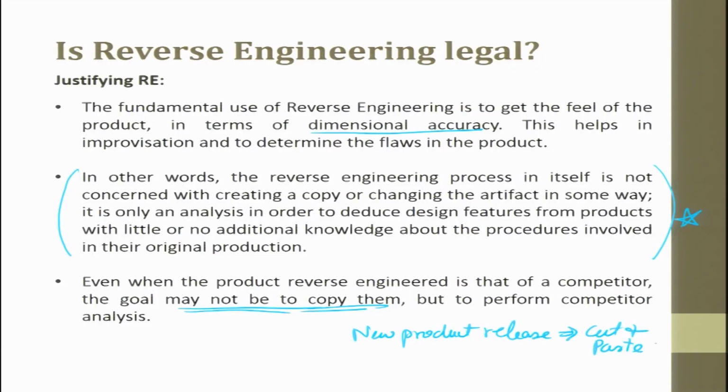For example, we try to take some amount of knowledge from X product, some amount of knowledge from Y product, some amount of knowledge from Z product, and then we integrate the knowledge of X, Y and Z into our product. It is not copied exactly.